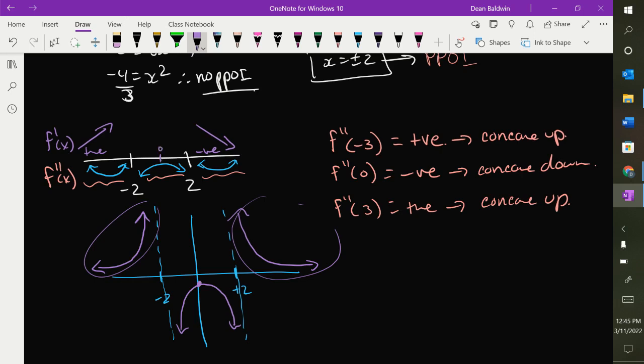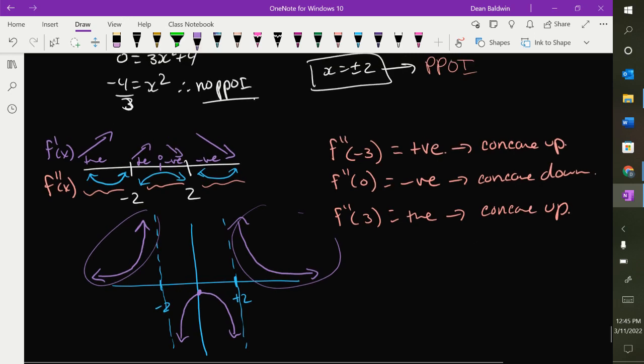This is not part of this unit, but section 3.4, whatever this is. This is what we're going to do at the end, put it all together. So the first derivative would be positive here, so the function is increasing. You can see it's increasing, but concave down. It'd be negative here, so it's decreasing and concave down. That's what we're going to do.